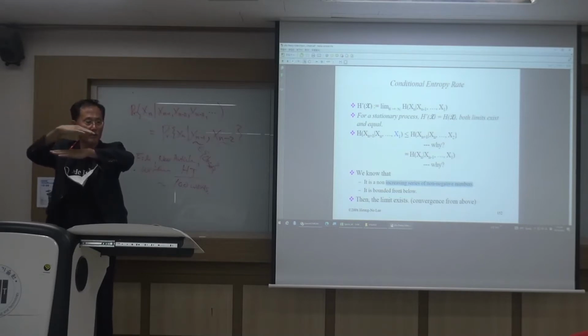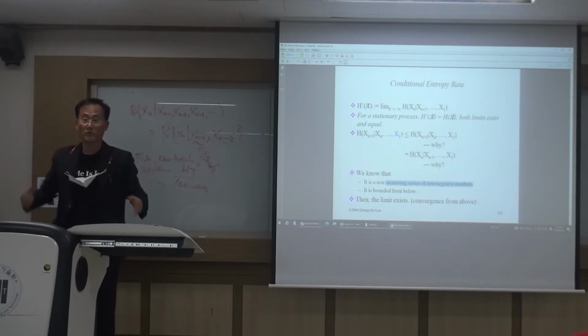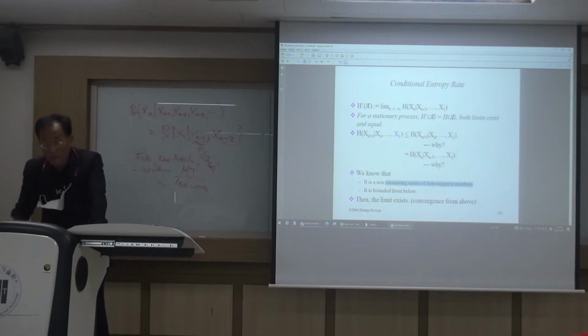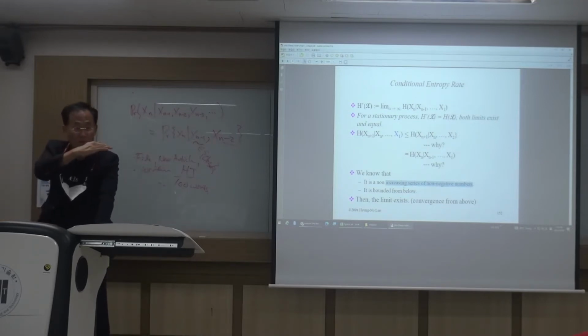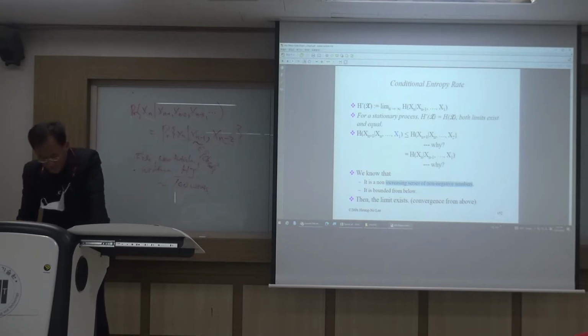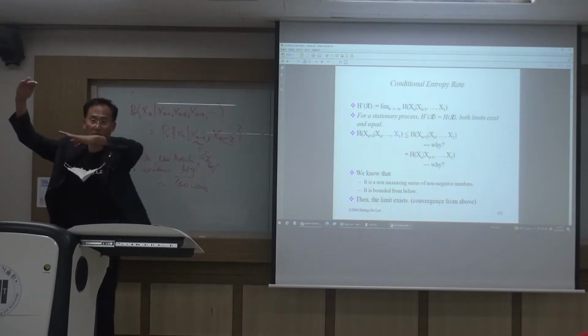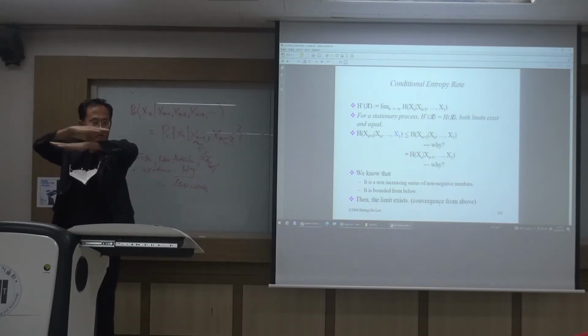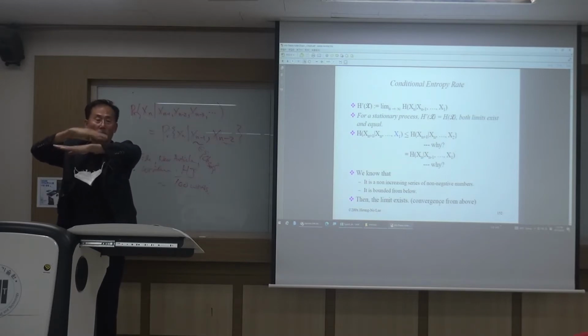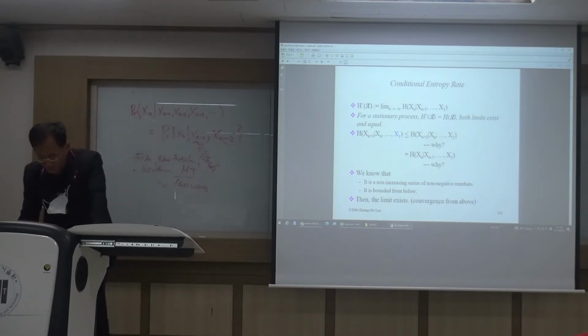In the long run it may approach 0, or it may just stay at a certain number. And then the limit exists. So convergence is from above. Because it is bounded below, it converges either to 0 or to some number between 0 and the upper bound. So the limit exists.